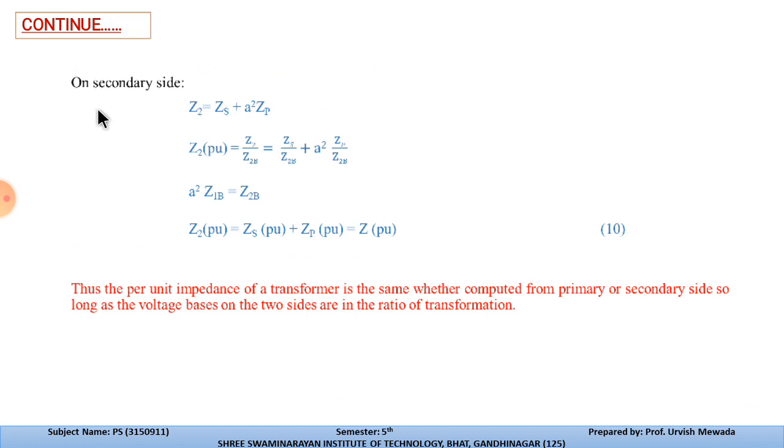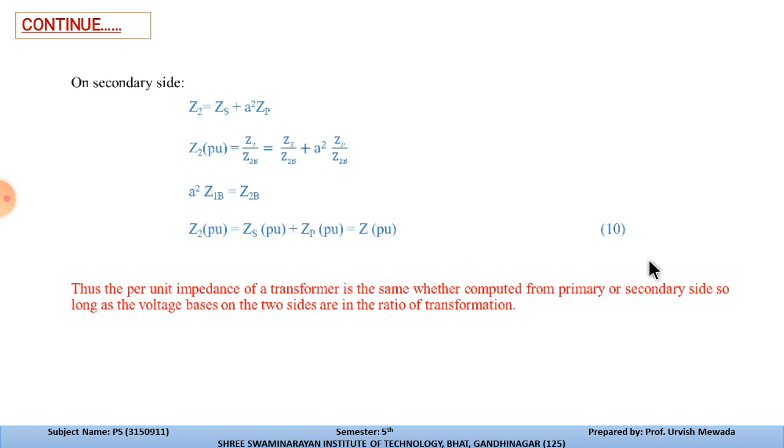Now on the secondary side, from the previous equation we can write Z2 is equal to ZS plus A square into ZP. So Z2 per unit will become Z2 divided by Z2 base, which is equal to ZS divided by Z2 base plus A square into ZP divided by Z2 base. So A square into Z1B is equal to Z2B. From that we can write the equation for Z2 per unit as ZS per unit plus ZP per unit is equal to Z per unit.